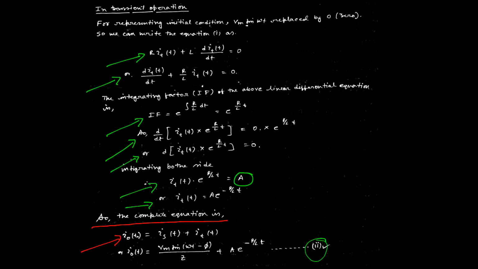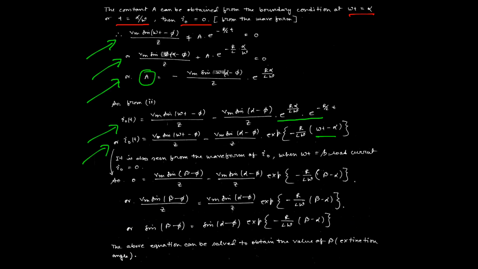So we can form the equation by satisfying, at the point beta, I0 equal to 0. Then we can write the expression: 0 equal to Vm sin (omega t minus alpha).